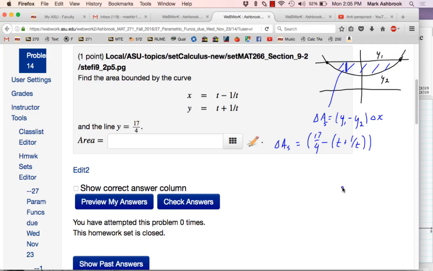So it'd be 17/4 minus (t plus 1 over t), and then times delta x. Well, x is this, so then we can get dx as 1 plus 1 over t squared, then by the chain rule, dt.